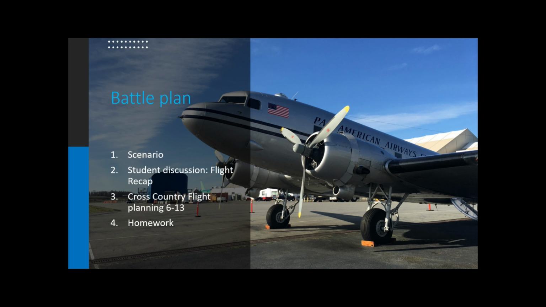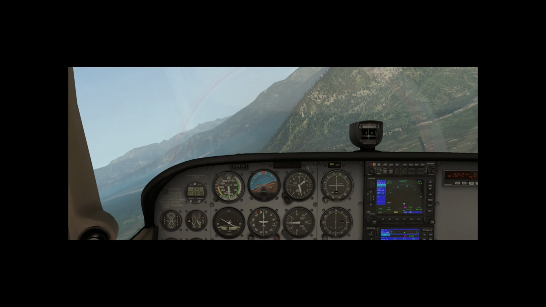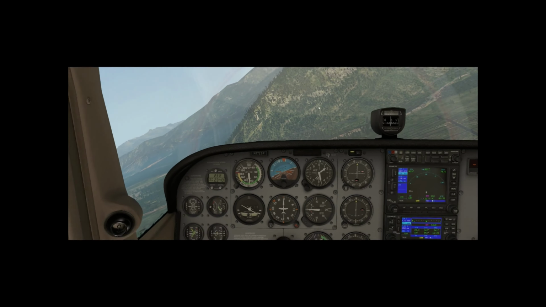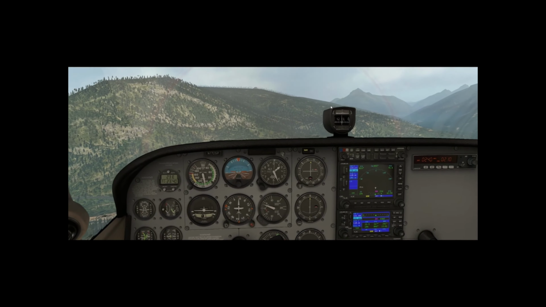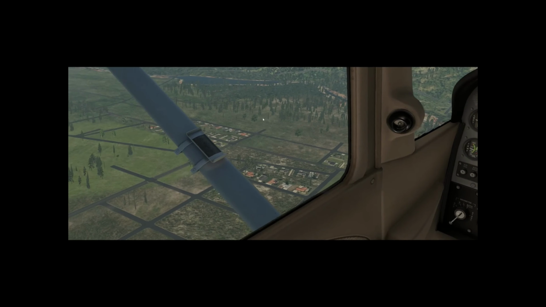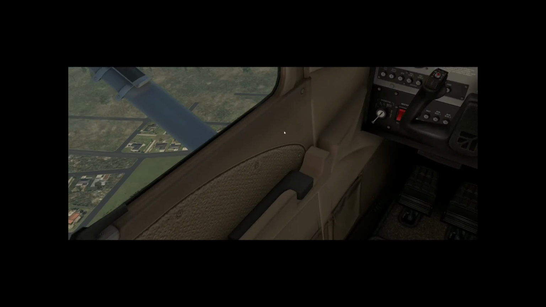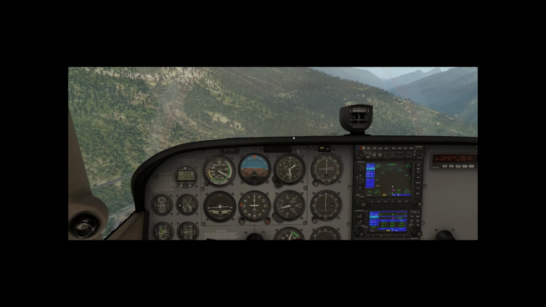So starting off, just to set you up, we are on the 45 for left downwind, and we're turning right to get onto the downwind leg right now. What do you think about that mountain right there at 12 o'clock? Okay, what leg are we about to turn to?